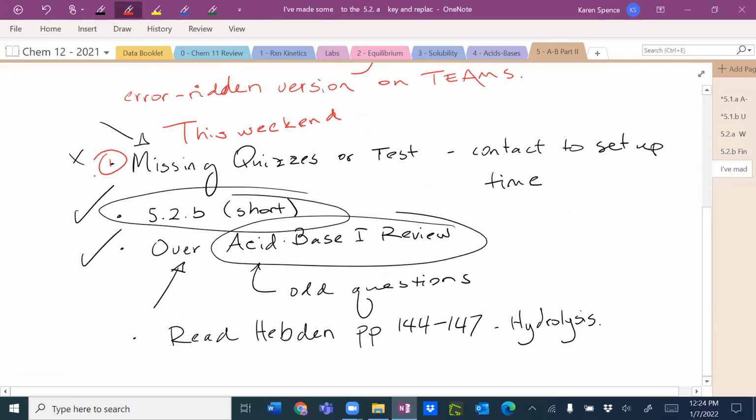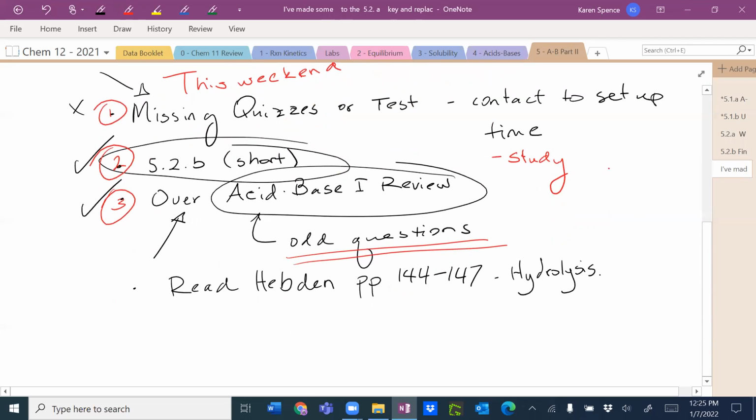If you have a missing quiz or test, contact me to set up a time and study. You should be doing 5.2b, which is really short. You should be doing some of, I would suggest, the odd questions, the acid base 1 review if you have not already done so. And number 4 is optional, but it will help you out during Monday's lesson. Read Hebden pages 144 to 147.